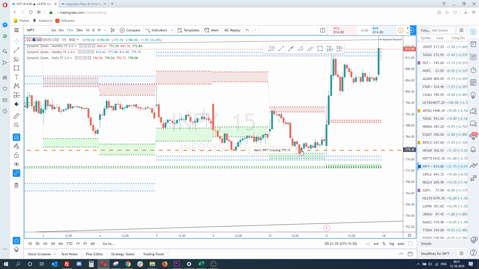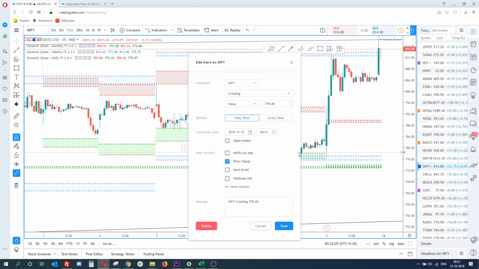You don't have to go for screeners and go through a lot of things like top gainers, top losers, and adding more indicators and following the chart for 1 or 2 hours. You don't have to do anything like that. You just spend 20 or 30 minutes at the beginning of the market, select stocks that are overlapping with each other, put alerts near the zone, and you are done for the day.